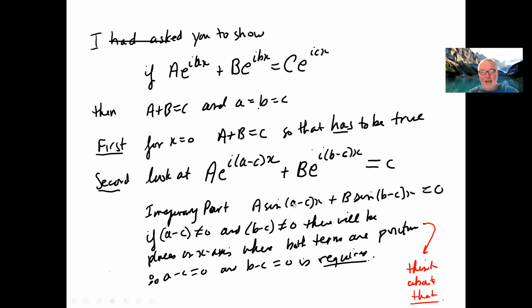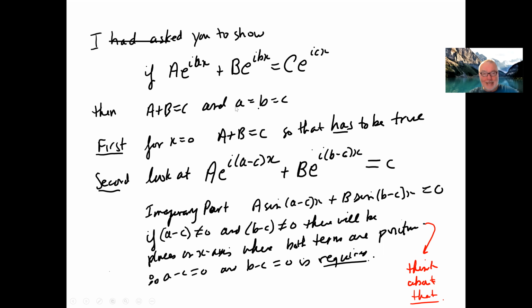So that means that a minus c has got to be equal to 0, and b minus c has got to be equal to 0. There are two special cases to think about with this: if a minus c is 0, if a equals c, then b minus c has to be equal to 0, or this will be non-zero sometimes, and vice versa.